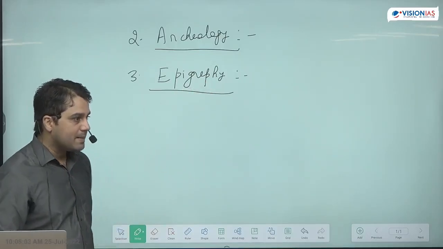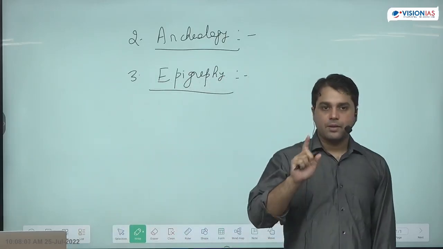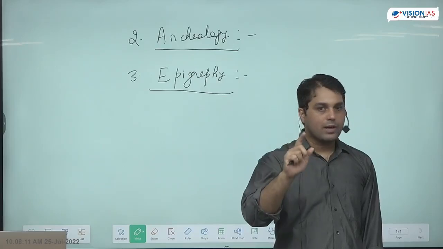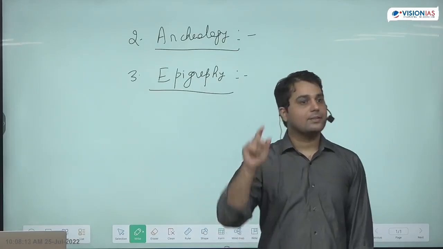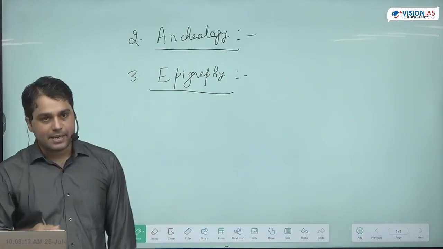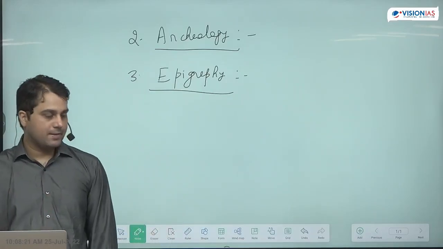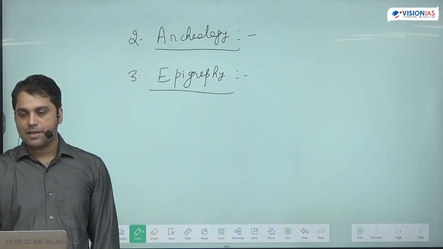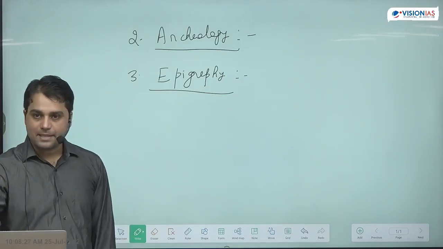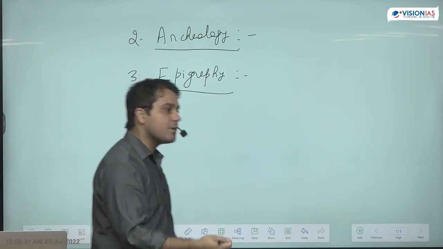Now language basically includes two things. This is very important. Often students get confused. Language has always been there. Human beings have always known how to speak, but how to write, that is an entirely different thing. So for example, I can speak in a language, but I can write that language in various ways. And the method which I use and the rules and regulations I follow to write, that is what a script is. So when I'm saying script and when I'm saying language, these are two different things.